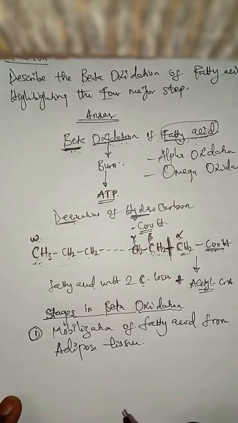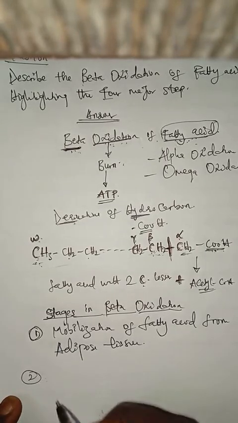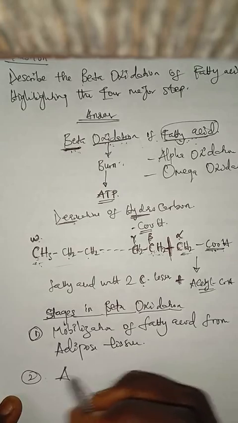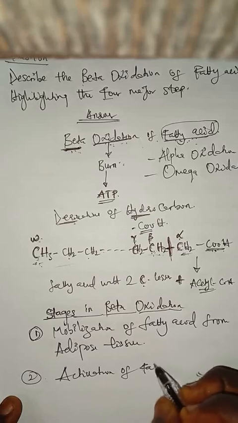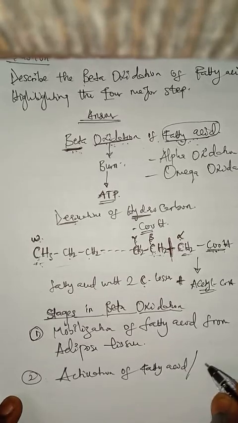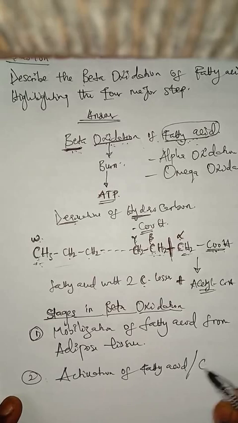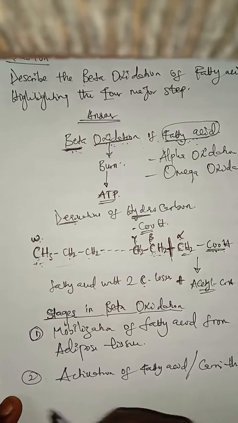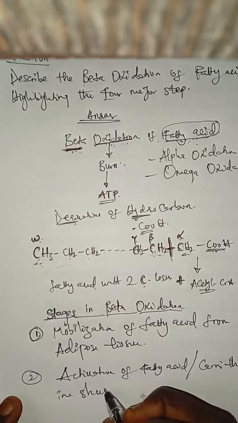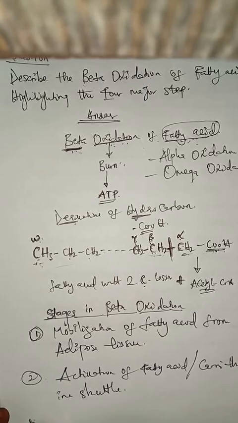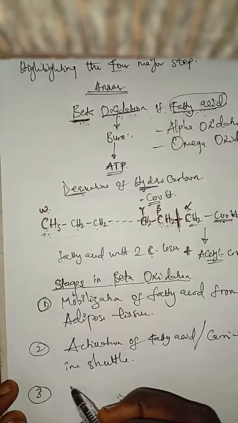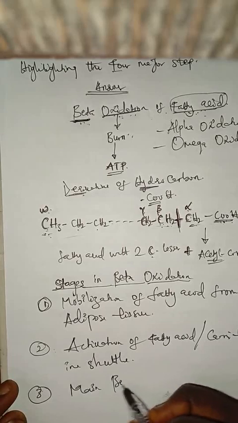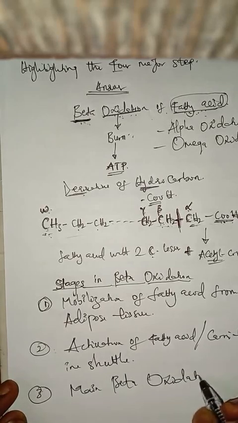The second stage is the activation of the fatty acid and the carnitine shuttle. The last stage is the main beta oxidation.